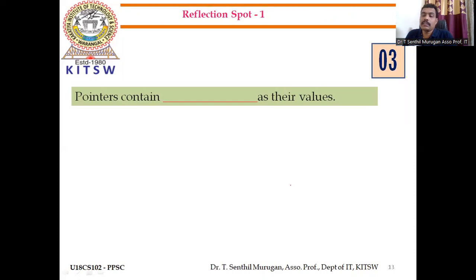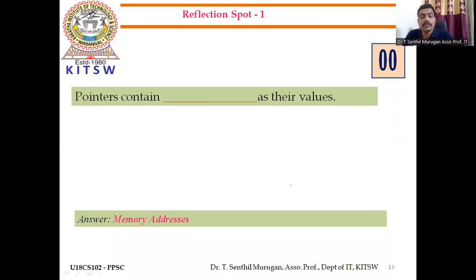You try to answer this question. If your answer is right, you can proceed further. Otherwise, you go back and watch the video again. Then you can find the answer. So the pointer contains a memory address as its value. I told you P has the address of another variable, for example A. So what it has is a memory address; that is the answer to this question.